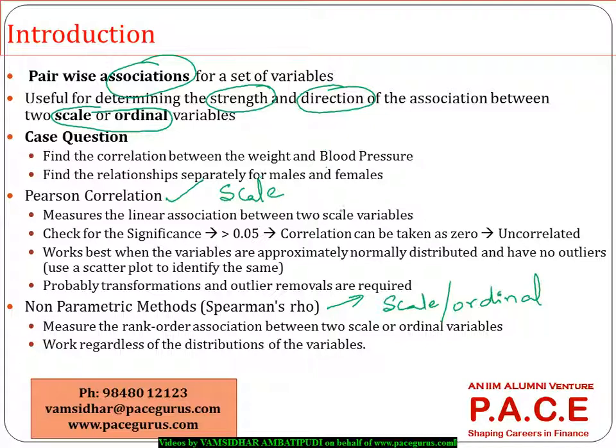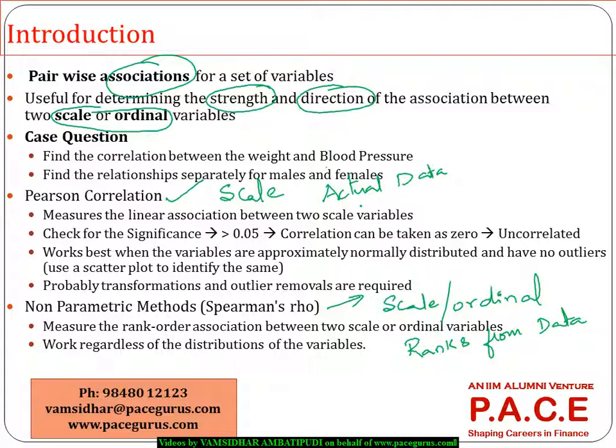So this works on the actual data itself, whereas the Spearman correlation computes the ranks from the data, and it focuses only on the relative ranking across the two variables. It does not go with the absolute values, whereas Pearson correlation focuses more on the absolute values and the relationship between the absolute values itself.